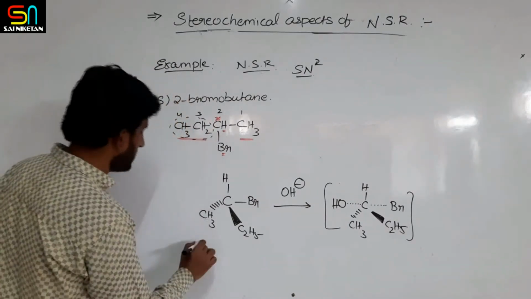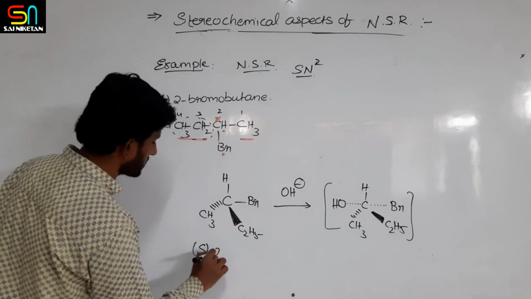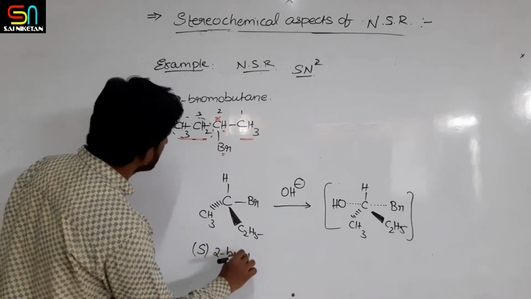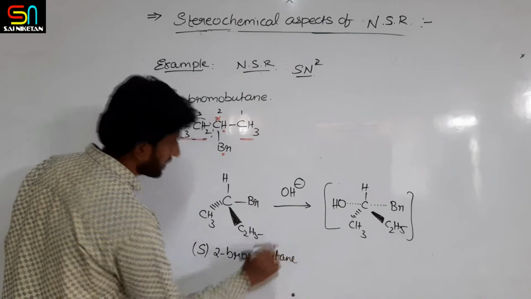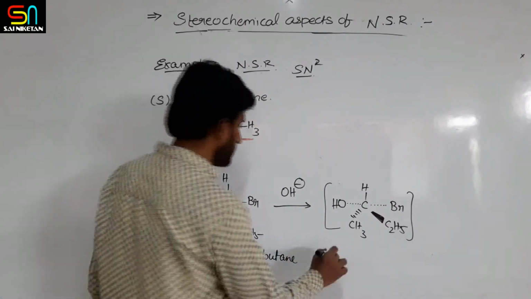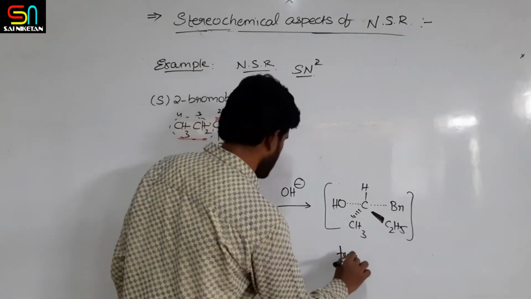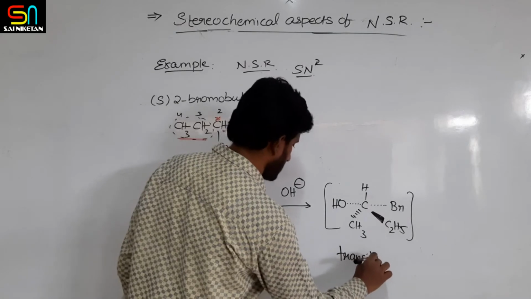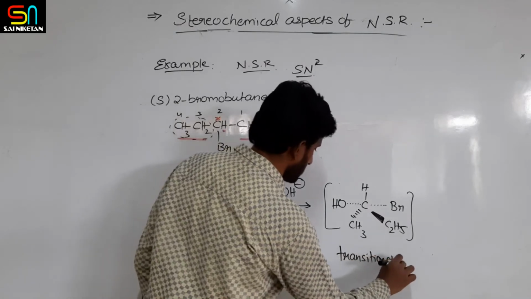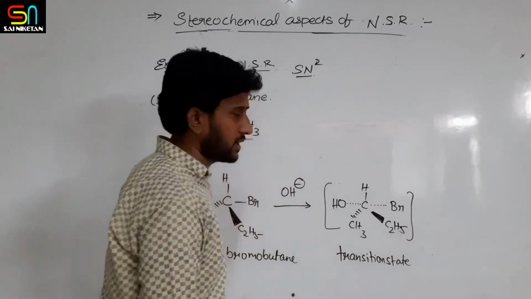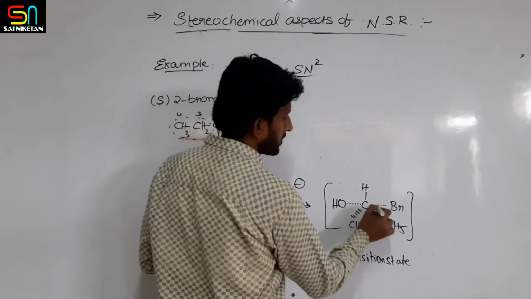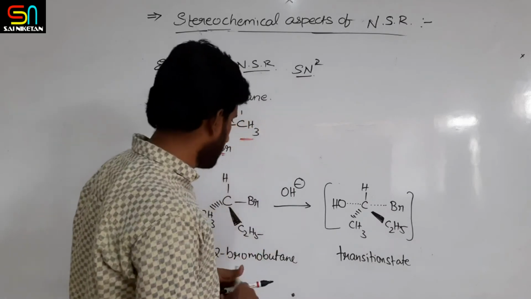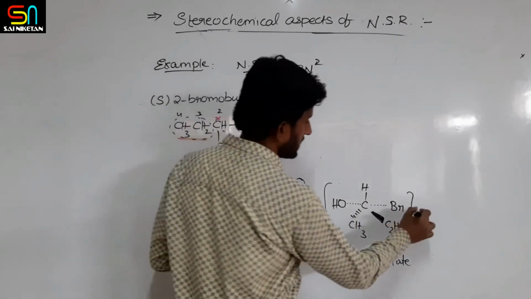Now this is S-2-bromobutane, this molecule. Okay, now what is this one? This is the transition state. That is, bonds are forming and getting broken. A new bond is forming and the older bond is breaking. The bromine bond is breaking.